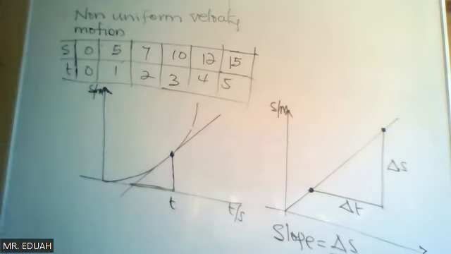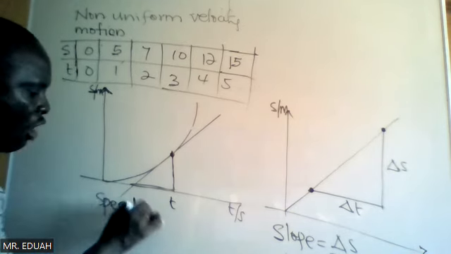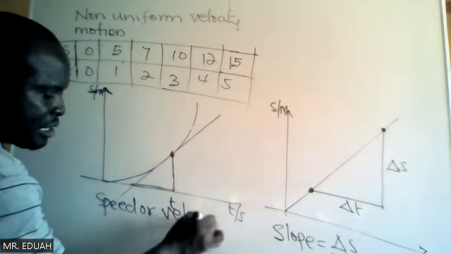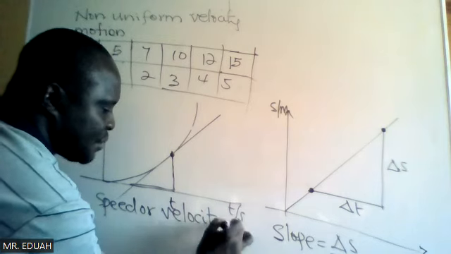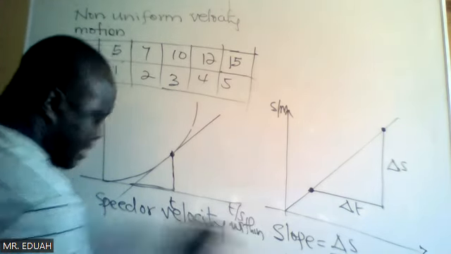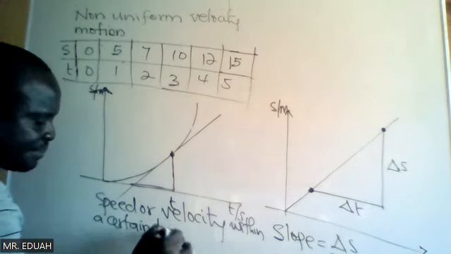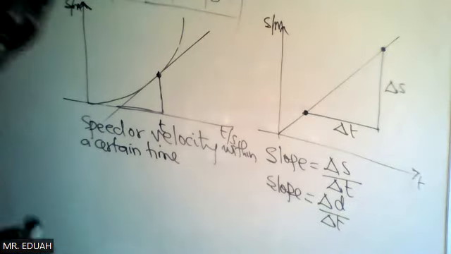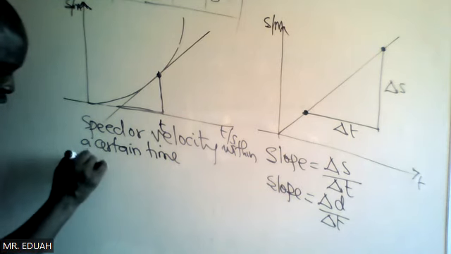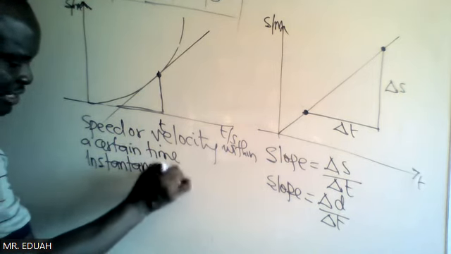And this will give you either the speed or velocity at a certain time, which we call instantaneous speed or instantaneous velocity.